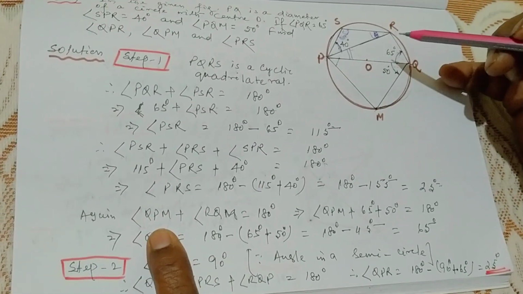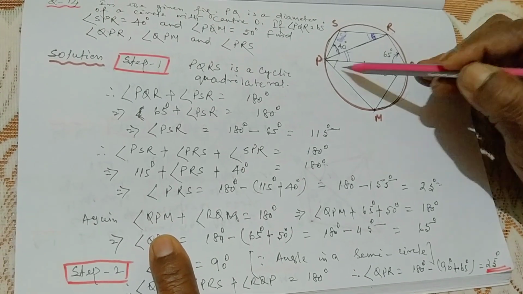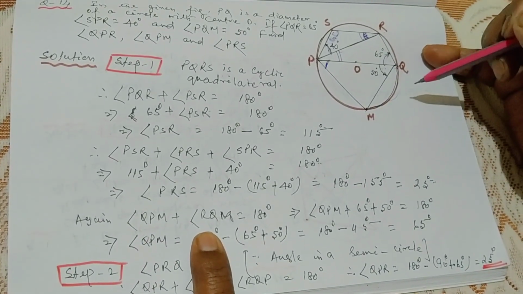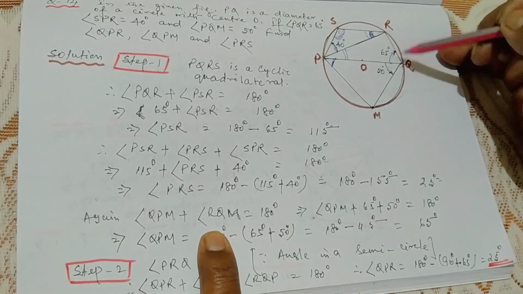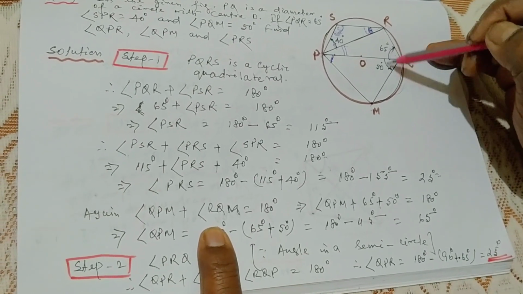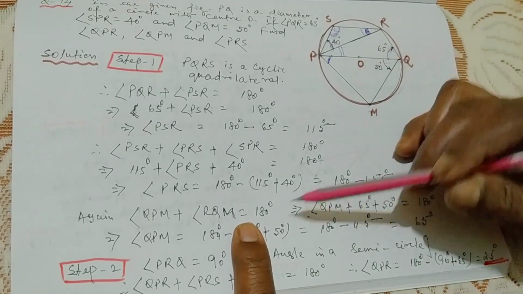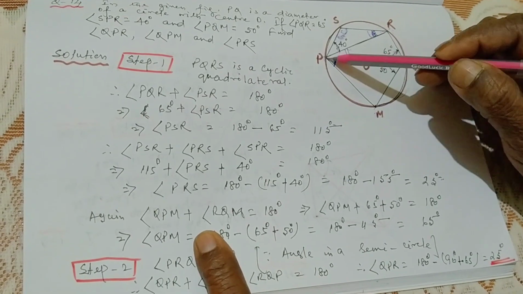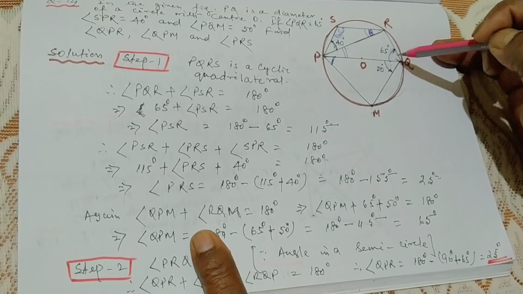Again, angle QPM plus angle RQM, this total angle is equal to 180 degree. QPM, this angle plus this angle is equal to 180 degree.